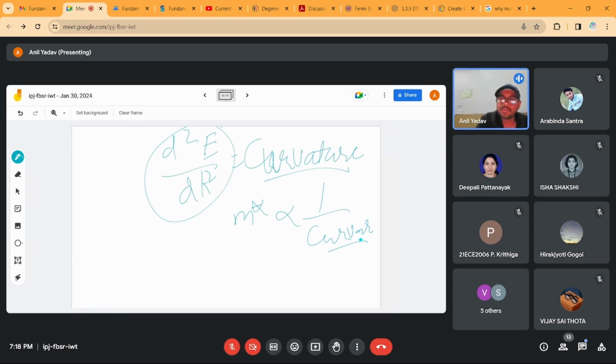So if the curvature is higher, m* is lower. The effective mass is lower.